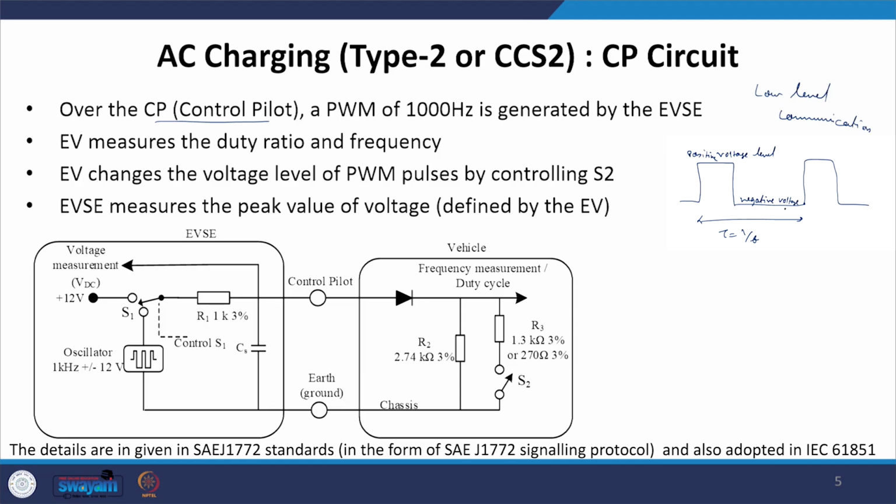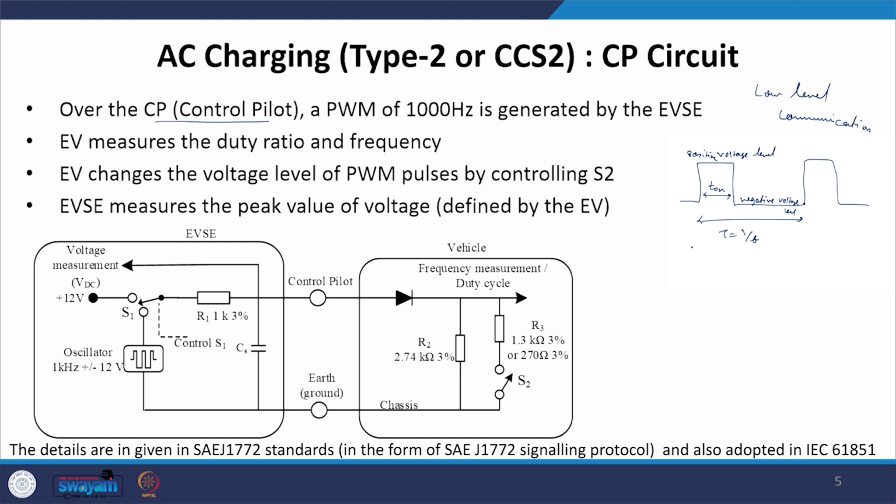Here you can define the time during which the positive voltage level is applied as the T on time, that is, the time during which the PWM has the non-zero positive value.